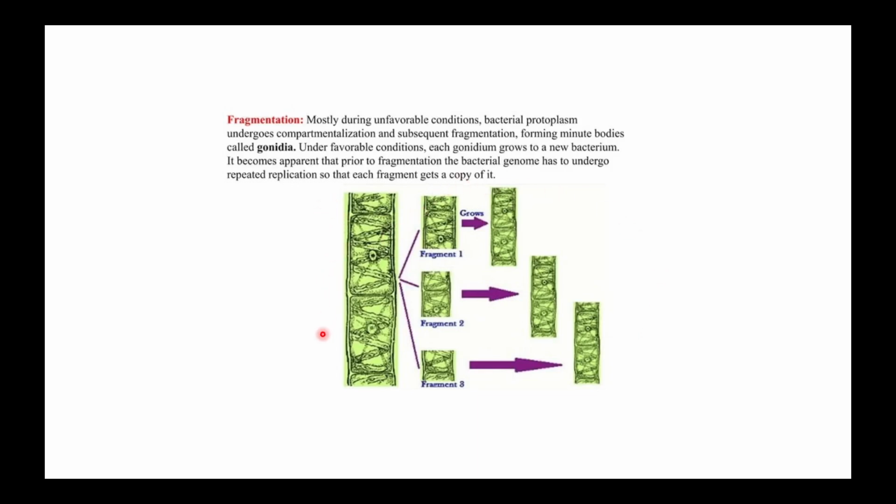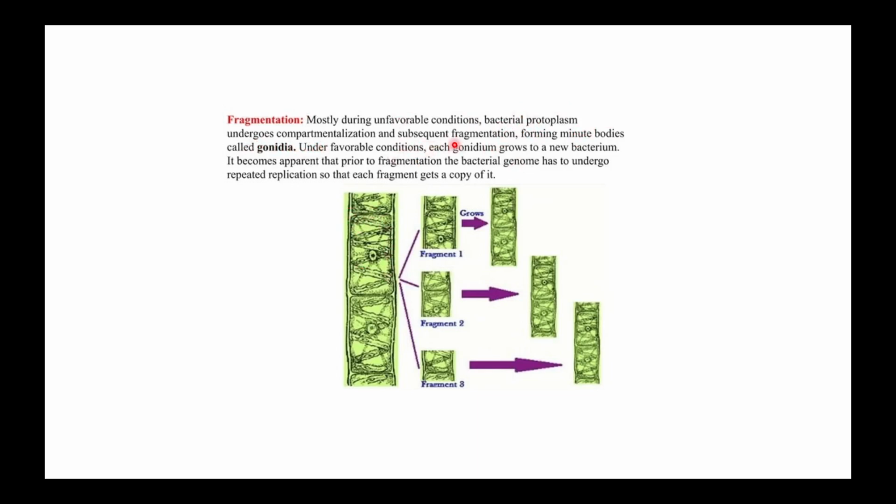Then there's fragmentation also. This is mostly seen when the conditions are unfavorable for the bacterial cell to grow in. Mostly during unfavorable conditions, the bacterial protoplasm, which we read means cytoplasm plus nuclear material, whatever is inside the cell membrane, undergoes compartmentalization.